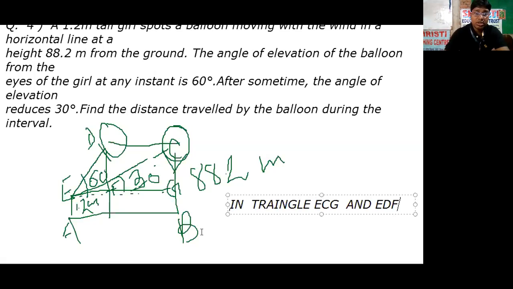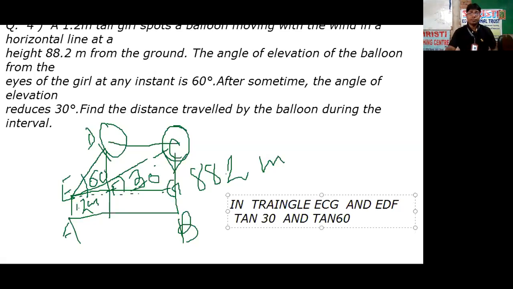You just have to apply tan of 30 degrees and tan of 60 degrees, and with the help of these values you can solve this question, and simply find the distance between these two balloons.